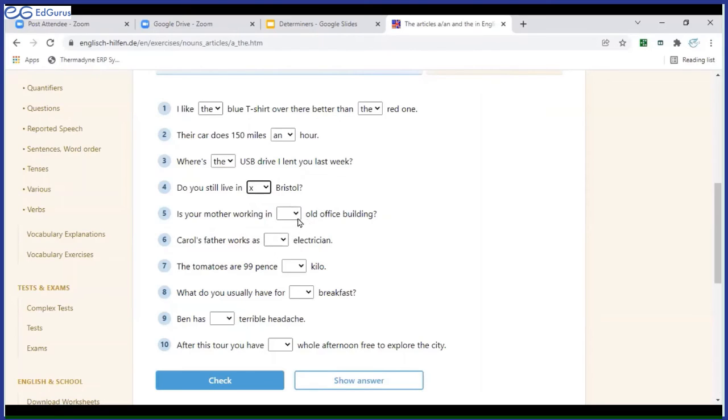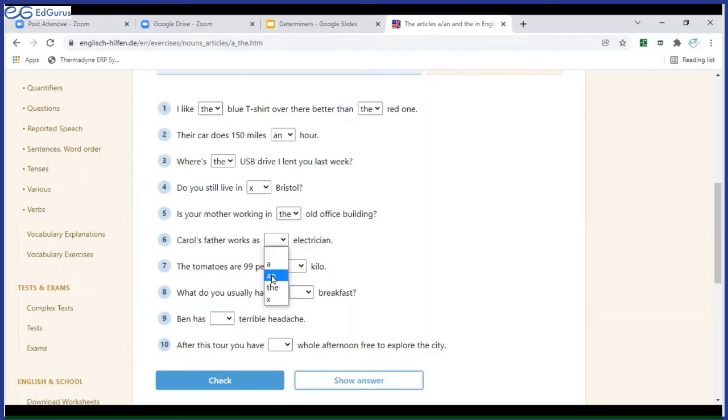Is your mother working in dash old office building? In the. Okay. Carol's father works as dash electrician. Carol's father works as an electrician.